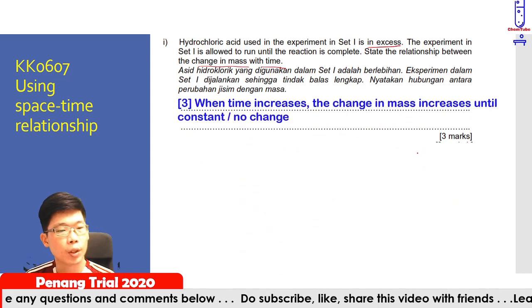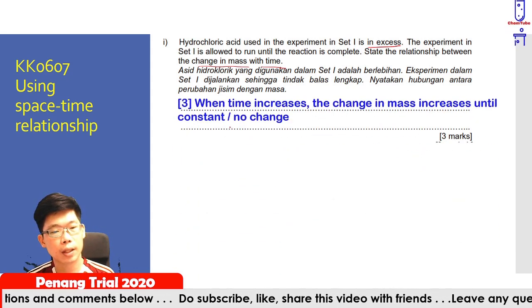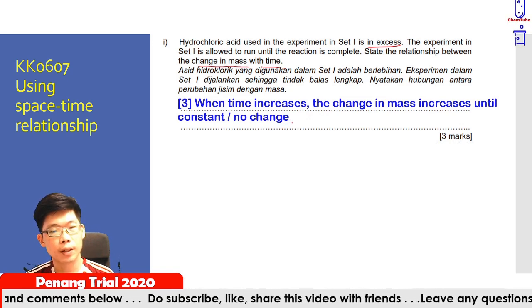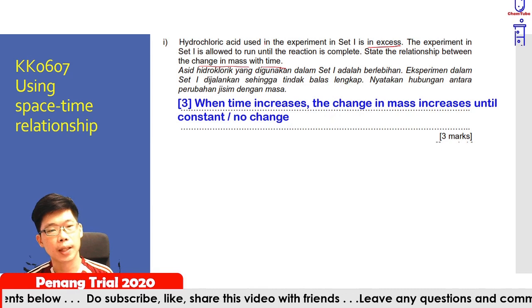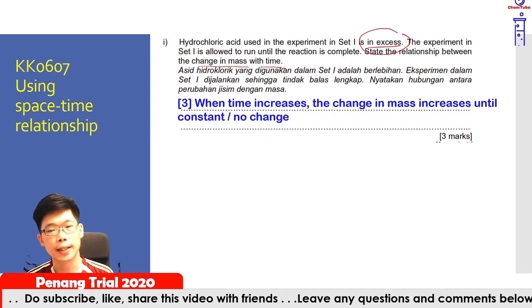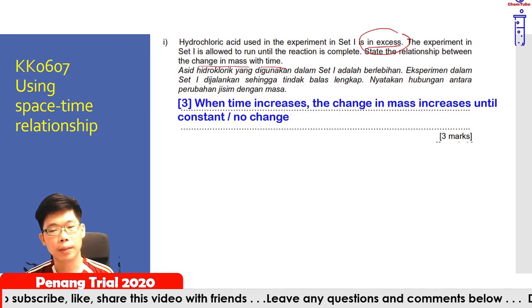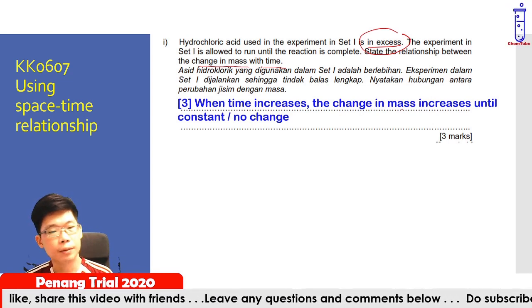So when the time increases, the change in the mass increases until it is constant or no change, because it has reacted completely, because the hydrochloric acid used is in excess. Meaning that at the end, the calcium carbonate, the marble chips, will be completely reacted.